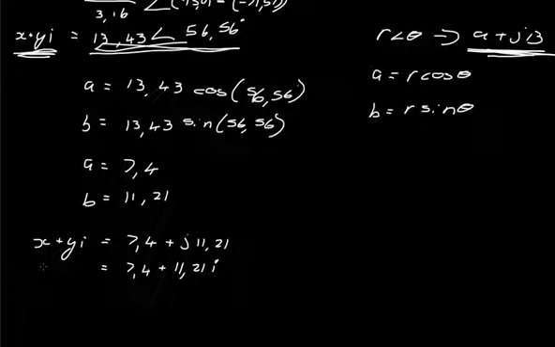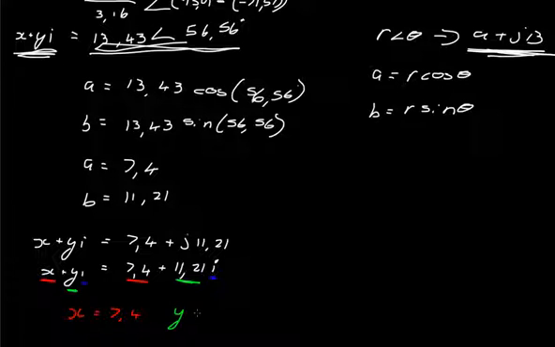So if you compare the left hand side, you've got x plus yi. Remember the question asked to solve for x and y. So now we know that x equals 7.4 and y equals 11.21.